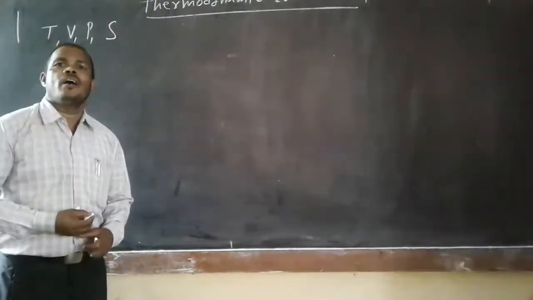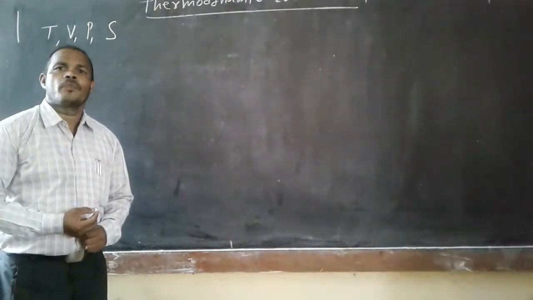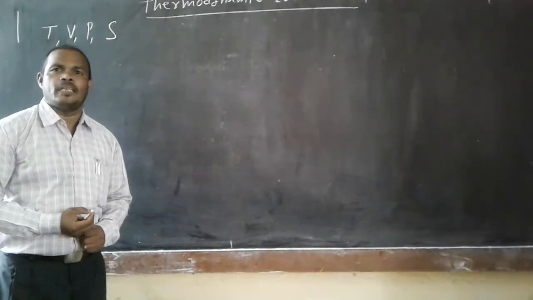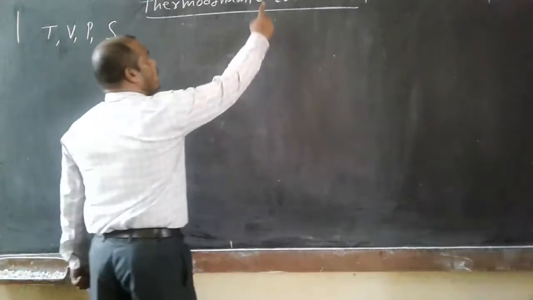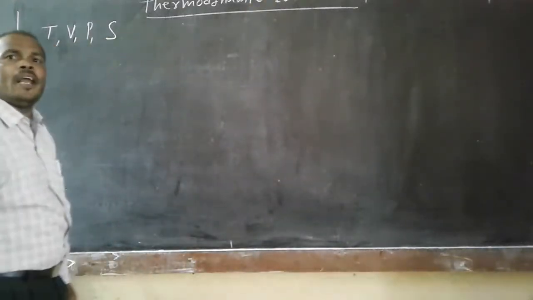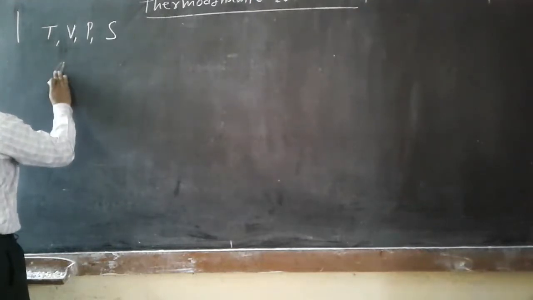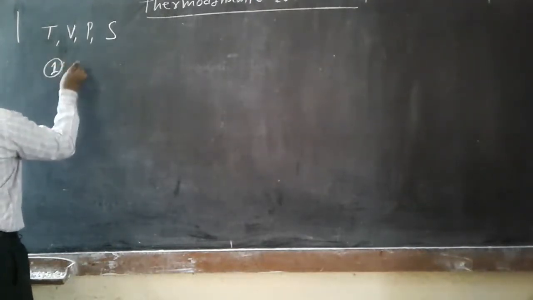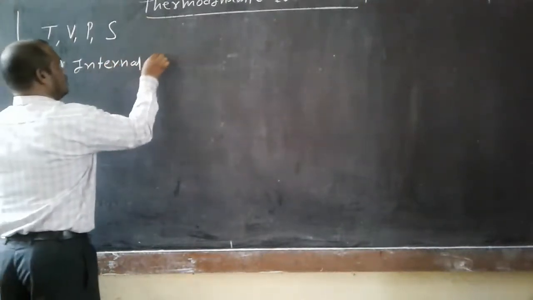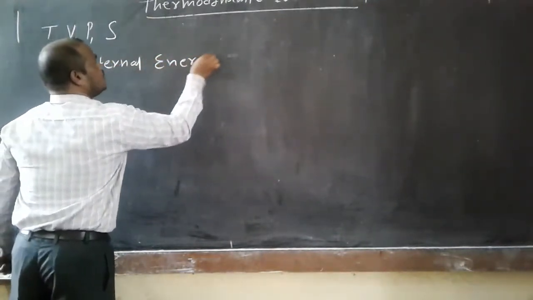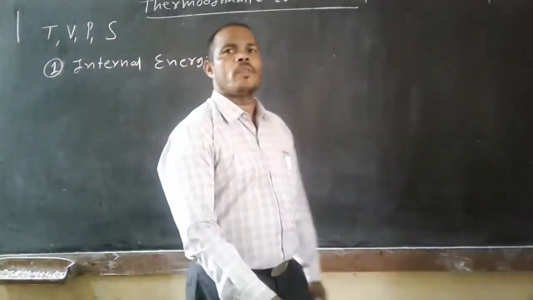In the last semester we studied the first law of thermodynamics and also the second law of thermodynamics. So the first article in the topic thermodynamic potential is internal energy. In the last semester we defined internal energy.